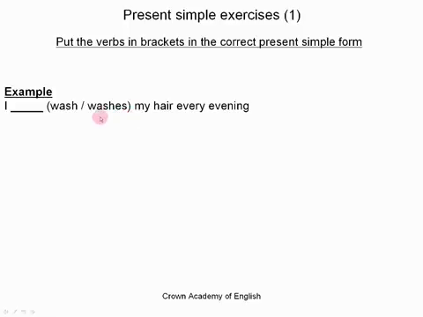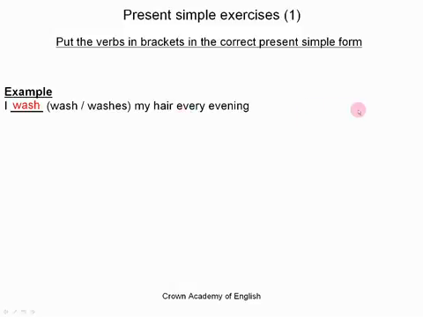So you have to decide which of the two forms is correct. Can you have a guess? Well, the answer is, that's right, it's I wash. So we say, I wash my hair every evening. That's the correct form for the first person singular of the verb to wash.